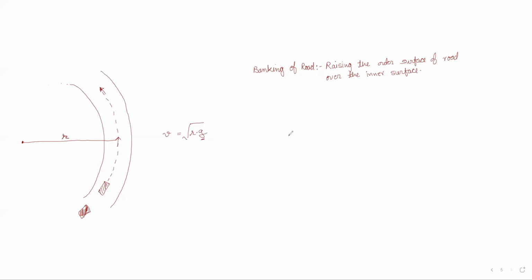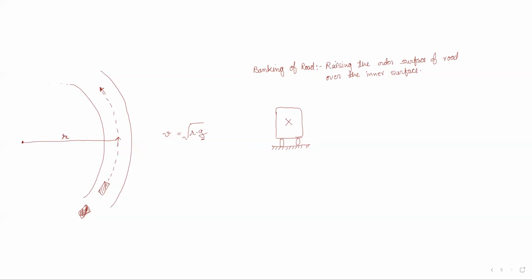The situation will appear like this: this is the road, this is the road surface, and on that road surface we observe the vehicle. This vehicle, like this. We are looking from behind. So the same scenario will appear like this. Now this road is the normal road.